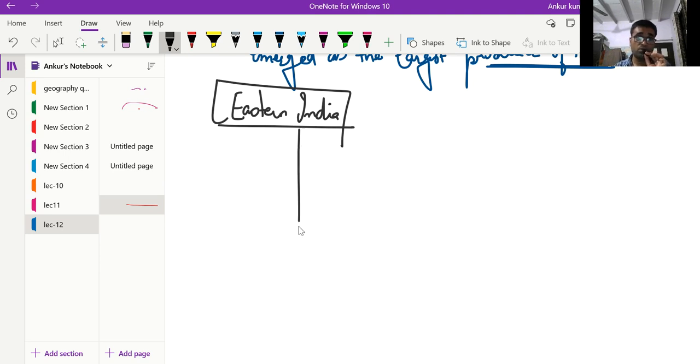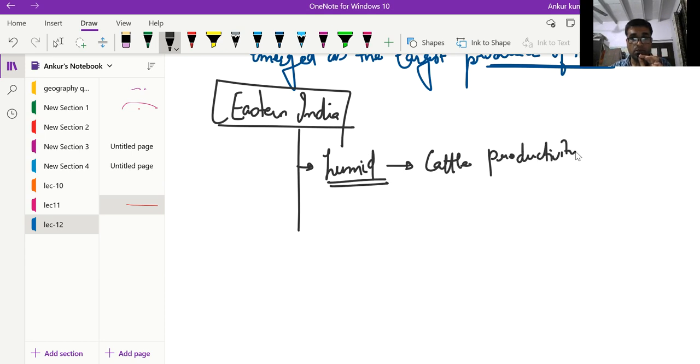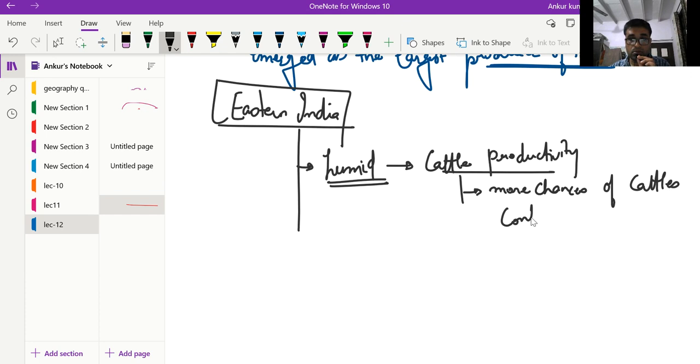Now, why natural resources? Because Eastern India is a humid region, and a humid region is not good for cattle productivity. There are many reasons for this. Number one, in a humid region there are more chances of cattle contracting disease.